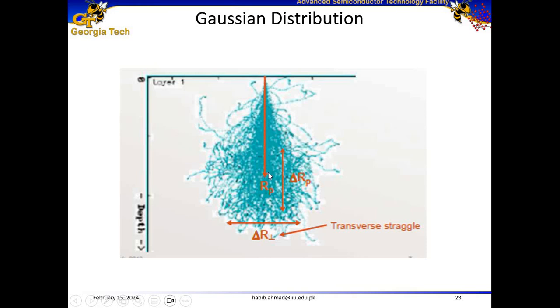And this peak concentration defines the range of ion implantation. And then they have uncertainty along the direction of the ion implantation, which is called projected straggle, represented with delta Rp. Similarly, they also have distribution in the lateral direction, and this lateral distribution is called transverse straggle.